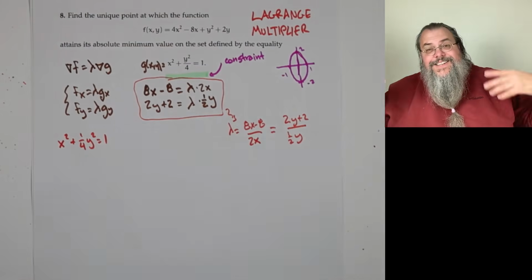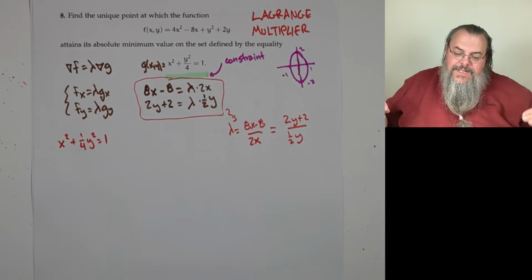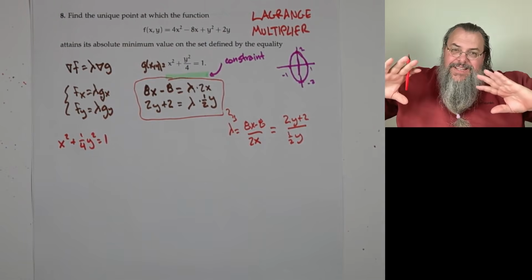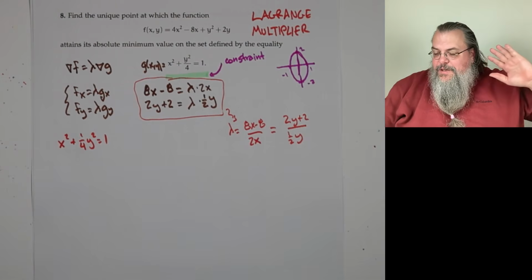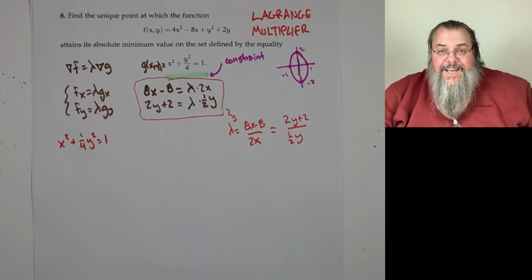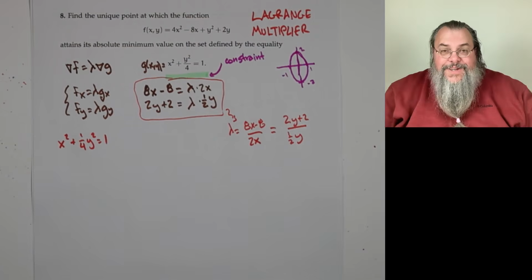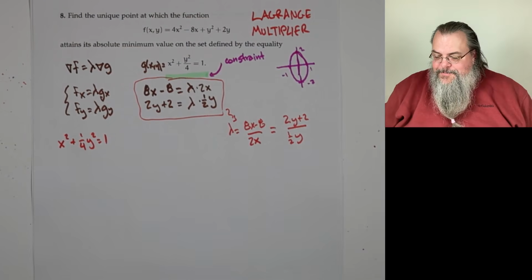Now, I will say there's a technicality. What if lambda were 0? Okay, yes, there's that technicality, but please don't stress about that. We're not going to ask you those kinds of technicalities. Do the process. Trust the process.